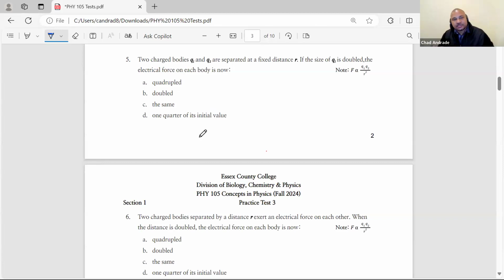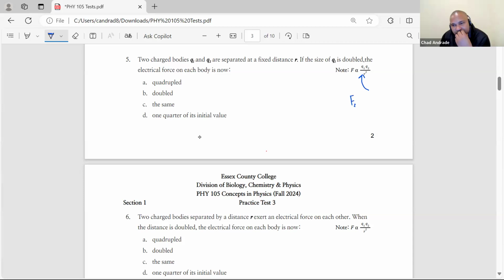You've got two charged particles, Q1 and Q2, separated by a fixed distance. This question basically says, if you double only one of the charges, Q1, what happens to the electrical force? And you'd use this equation right here. What's the net result of doubling one of these charges?